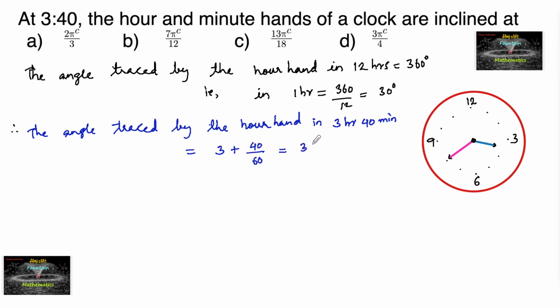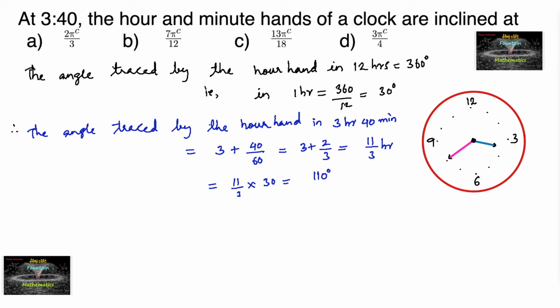So that is 3 plus 2 by 3, or 9 plus 2, 11 by 3 hours, which equals 11 by 3 into 30 degrees, which is equal to 110 degrees.